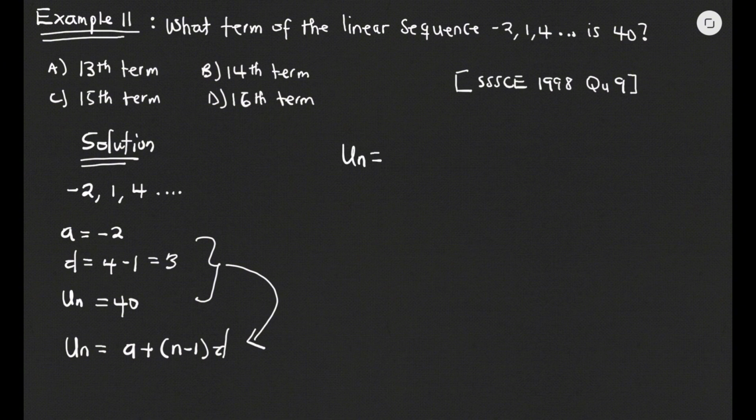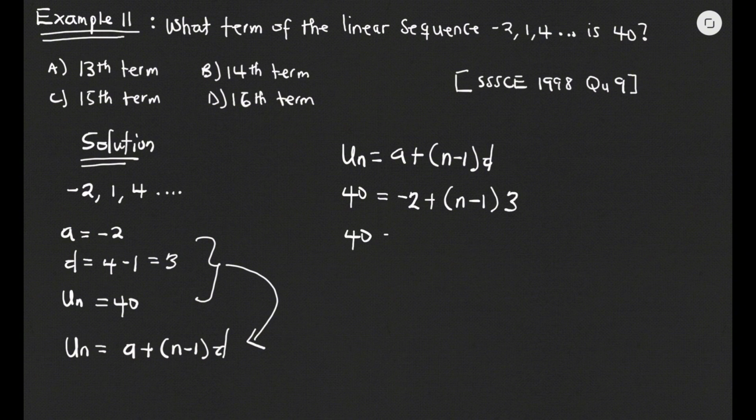So Un is equal to a plus (n minus 1) multiplied by d. My Un is 40, and that is equal to my a, which is the first term, -2, plus (n minus 1), where n is the number of terms that I'm supposed to find, I don't know, multiplied by d, which is the difference, and in this case is 3.